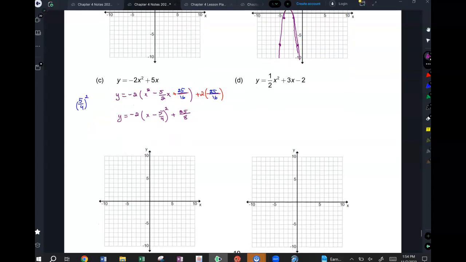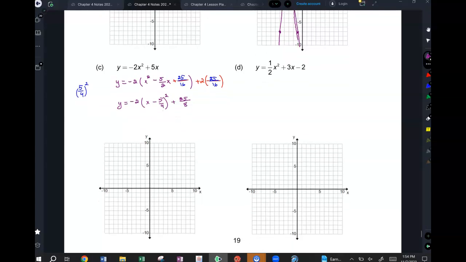Okay, so now we're gonna graph this. Are we ready to graph? Okay, so suppose you don't have your calculator, right? But that's okay. 5 over 4, I know, is 1.25, right? 25 over 8, how much is that? A little more, how much? 8 goes into 25 how many times? 3?